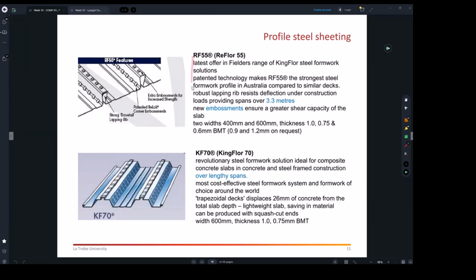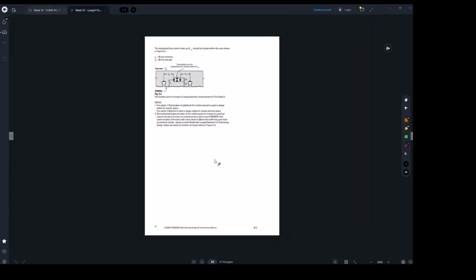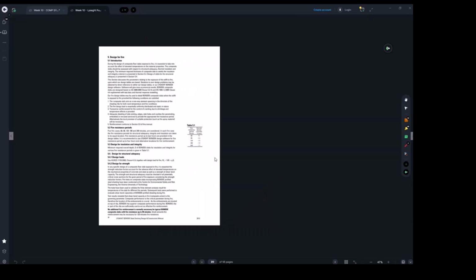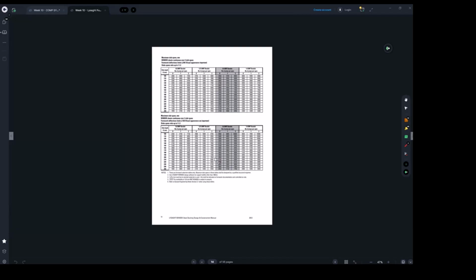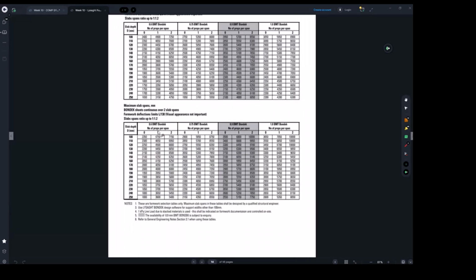I won't ask you to list such information or this type of product. What we will ask you to do is to select or decide how we can specify a composite slab for a particular spanning arrangement. And that's what we're going to practice during the workshop with an example.